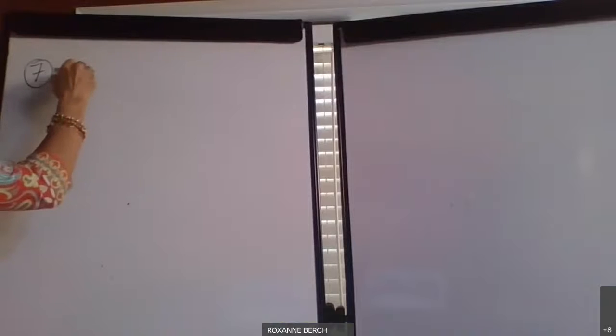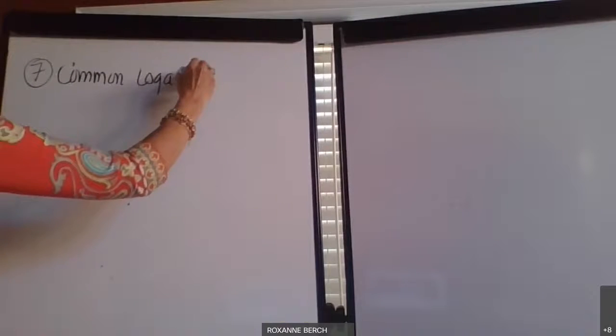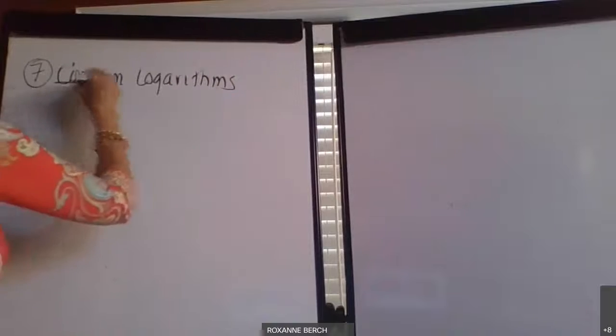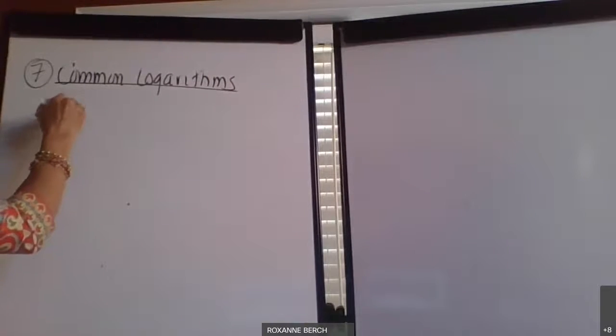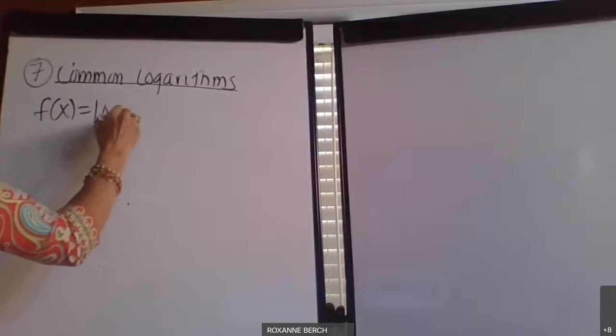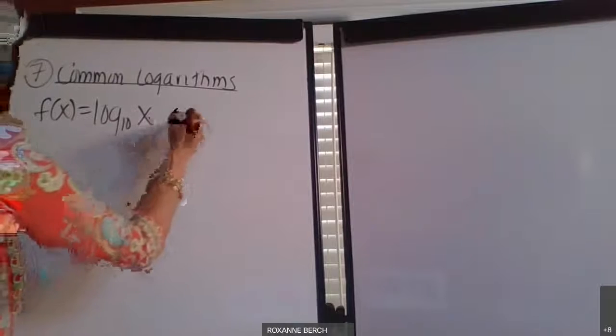Objective 7 talks about common logarithms. So if you have f of x is equal to log base 10, you are never going to see that. So what you're going to see is this.